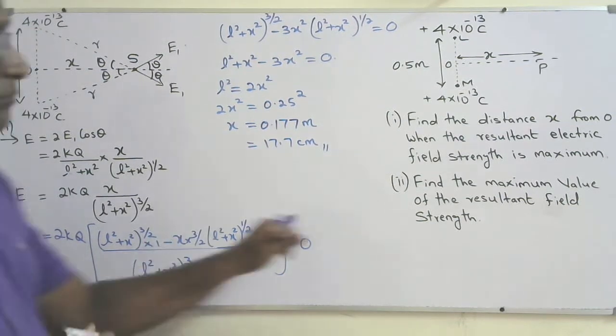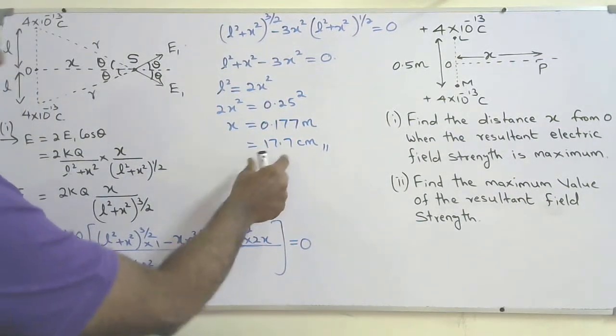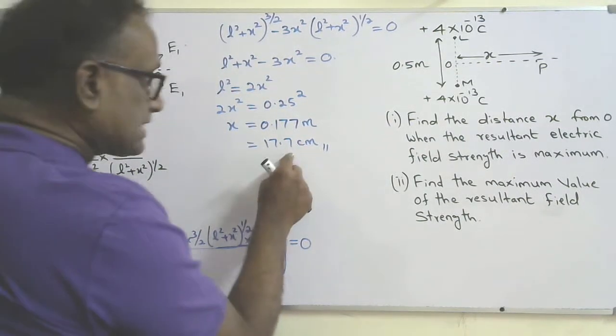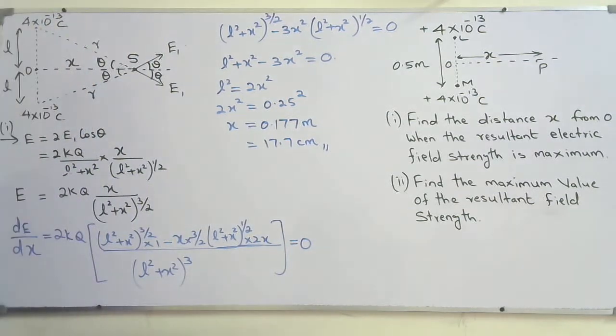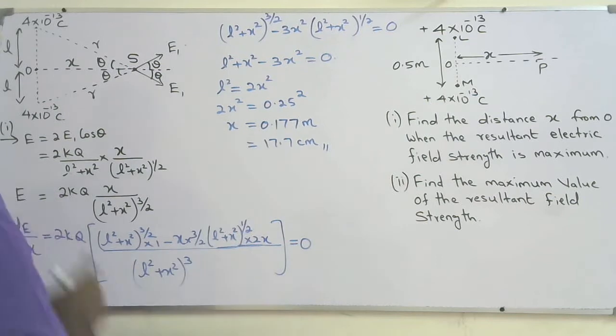Second part, find the maximum value of the resultant field strength. You found the distance x at which the maximum electric field strength is obtained. So substitute this value in meters in this equation.